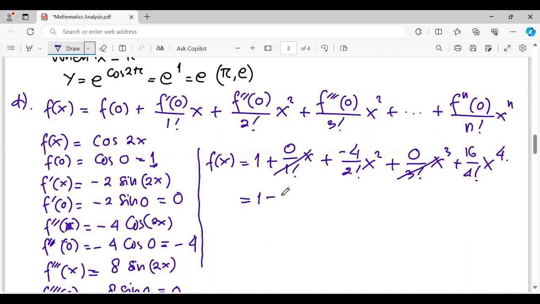So 1 minus 2x squared plus 16 over 24 x to the power 4.